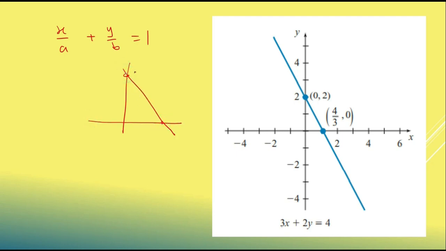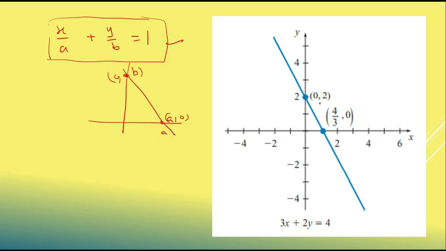See, if you know x-intercept is a and y-intercept is b, the equation of the line is x over a plus y over b is equal to 1. X-intercept is a comma 0, y-intercept is 0 comma b, isn't it? If the line is intersecting y at b and intersecting x at a, then this equation is valid.